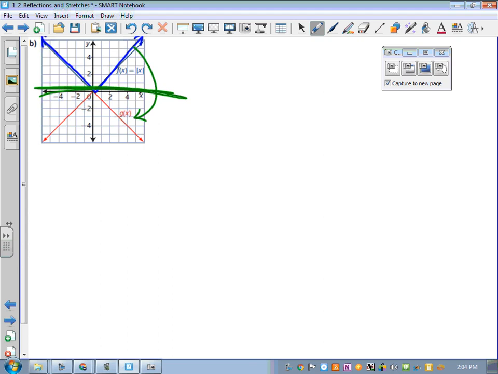Now, I'm going to write that out, that g of x is f of x reflected, I'll spell reflected right, preferably, reflected over the x-axis.